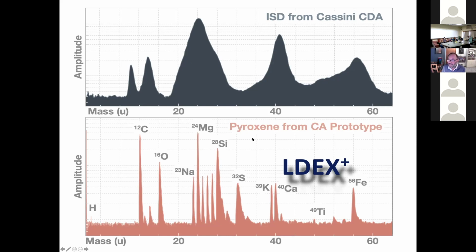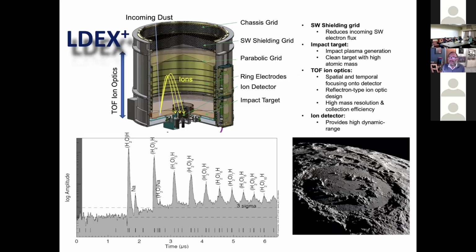But a modern version of Cassini would provide this incredibly well-resolved mass spectrum. And then you could identify the chemical makeup and even the isotopic makeup of what comes off the surface. So a newer version of LDEX, like LDEX Plus, could fly around the moon and make a chemical map.